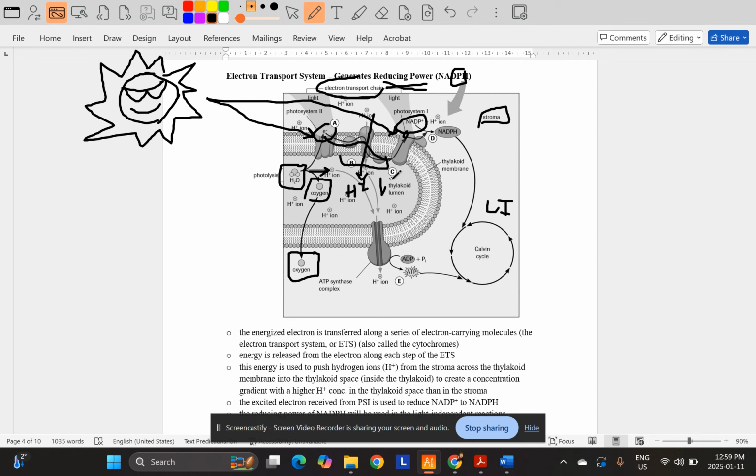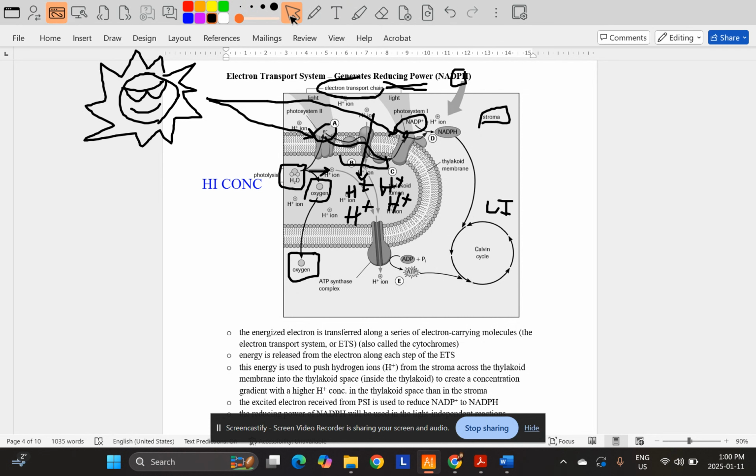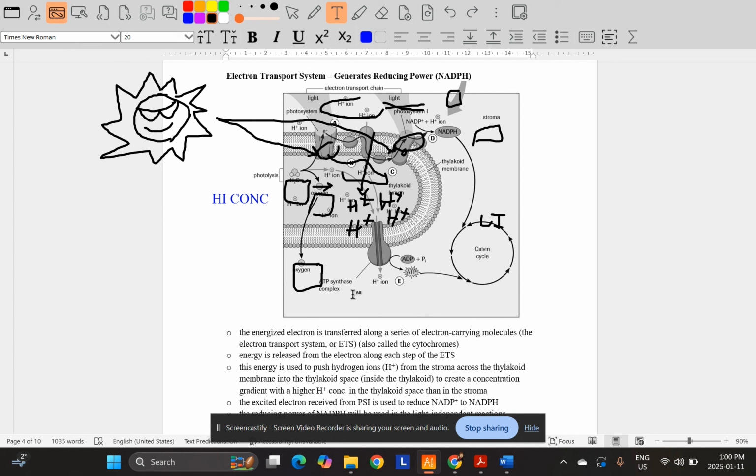And so as we get more and more hydrogen ions or protons, right, because it's a hydrogen atom minus an electron, it's a proton. As these hydrogen ions start building up, we get a concentration gradient. And so inside the thylakoid space is a high concentration of these hydrogen ions, these protons. Outside of the membrane, out here in the stroma, there is a low concentration of hydrogen ions.